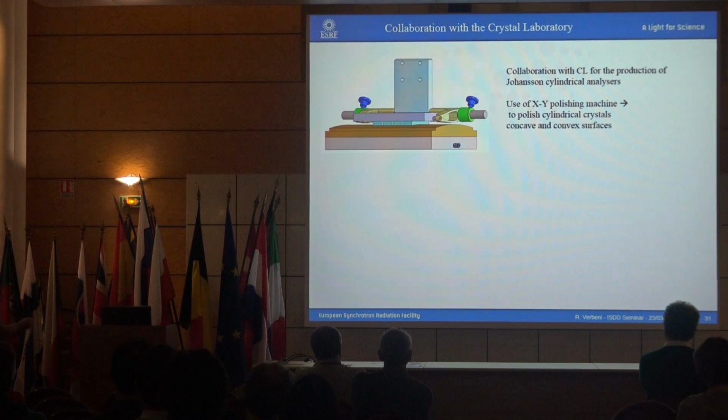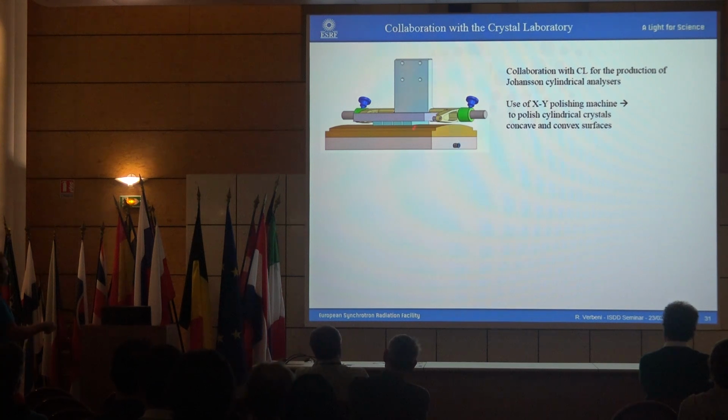So the first thing we want to try, we have a strong collaboration with the Crystal Lab. We plan to use the XY polishing machine, which is working very well in the lab. We want to implement a couple of plates. In particular, here you see the cylindrical plates, and we want to polish several analyzers at the same time.